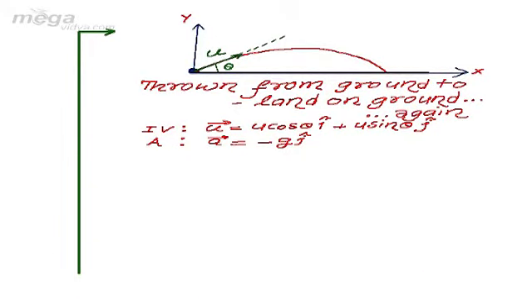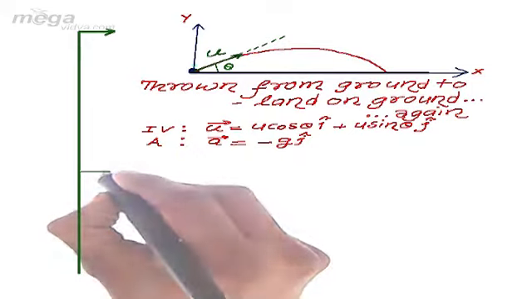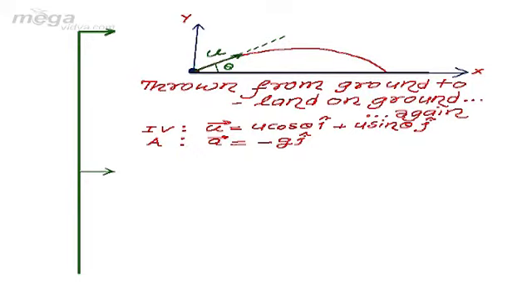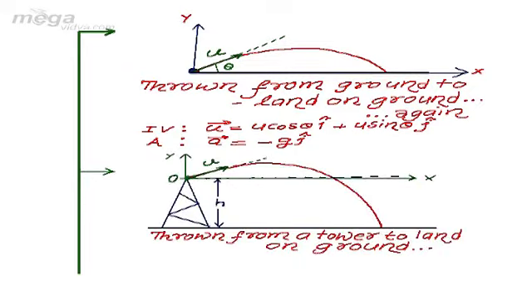In the second case, we are considering a particle which has been thrown from some height above a tower. Students, in the second case, I have taken an example in which a projectile is thrown from a certain height h above the ground.